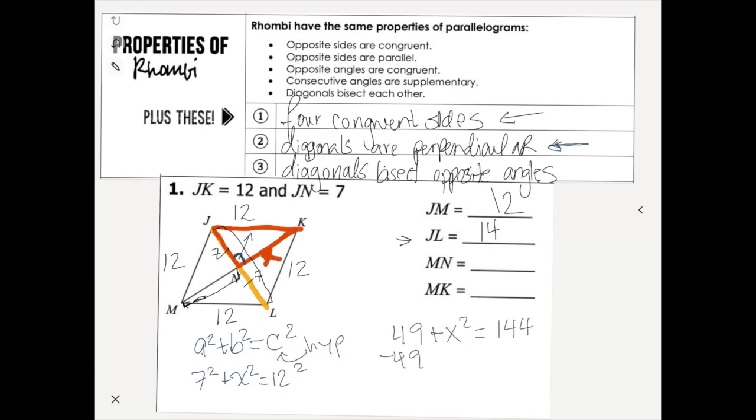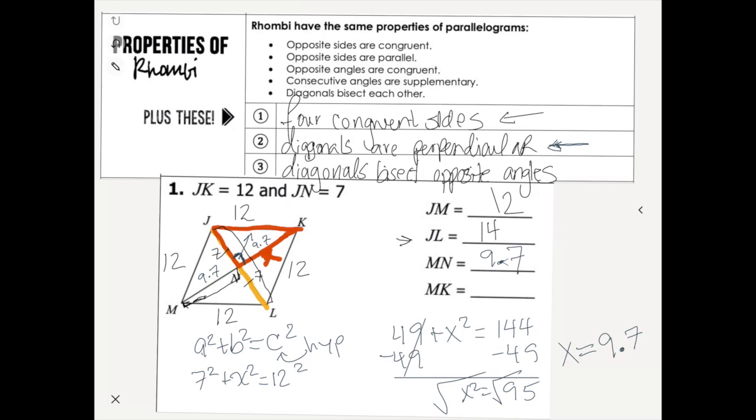I'm going to subtract 49 from both sides. I have X squared is equal to 95. Take the square root of both sides. X is 9.7. So that means this is 9.7 and so is MN. They're both 9.7. So this is 9.7.